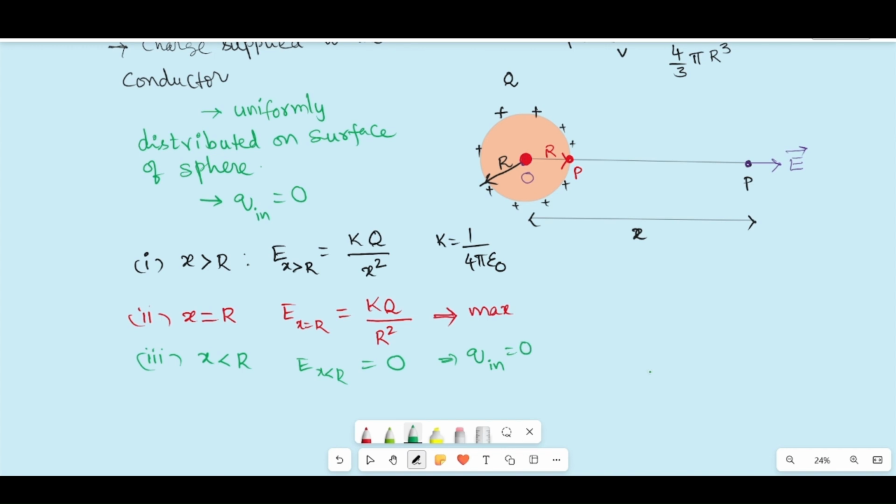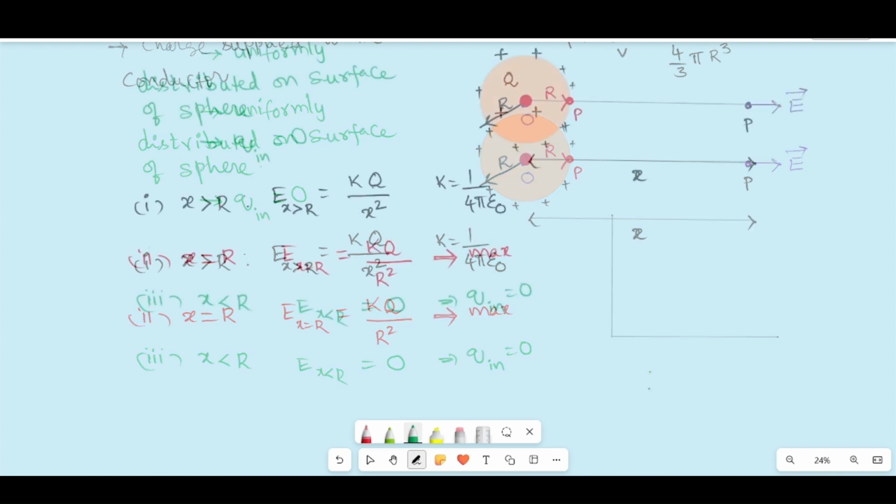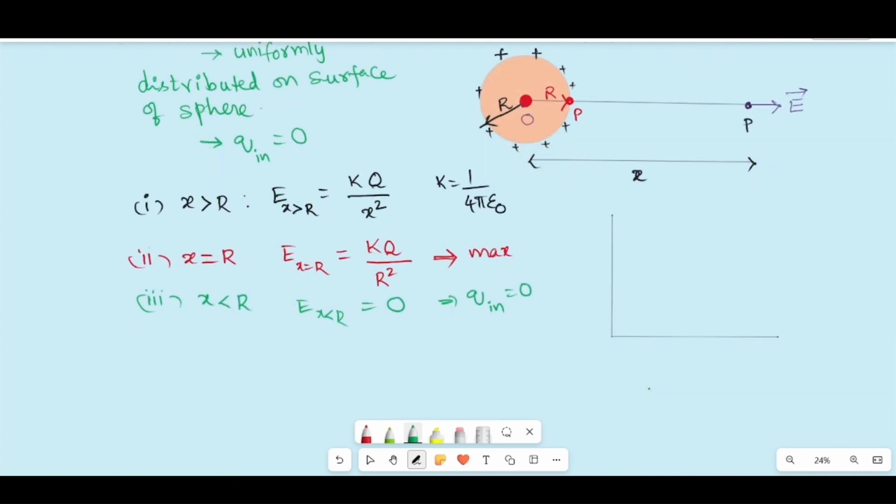So let us see how the electric field varies from the center of the sphere to any point on the axis greater than the radius of the sphere. We'll see it graphically. Here on the x-axis, let us take the distance along the axis of the sphere, and on the y-axis the electric field strength.